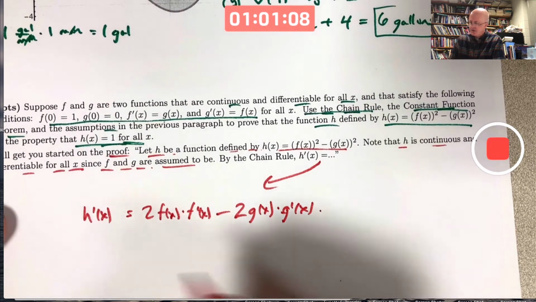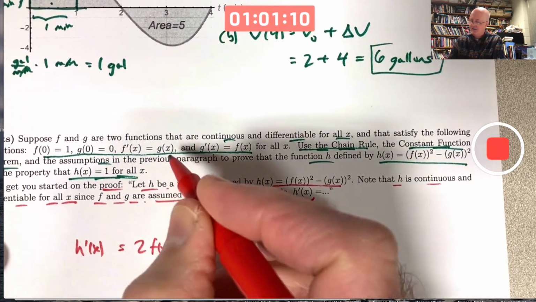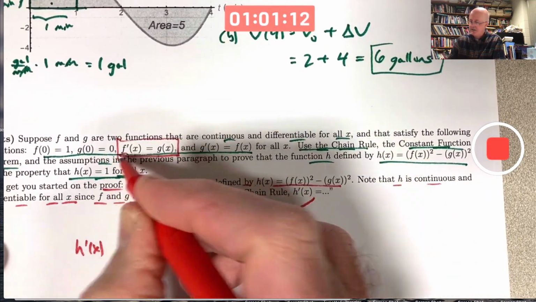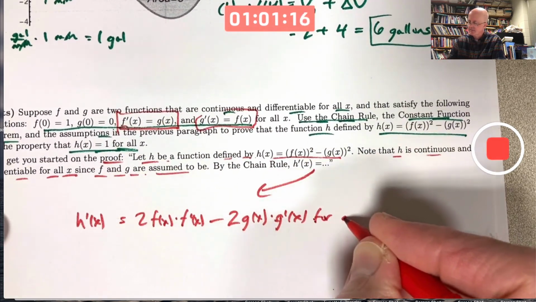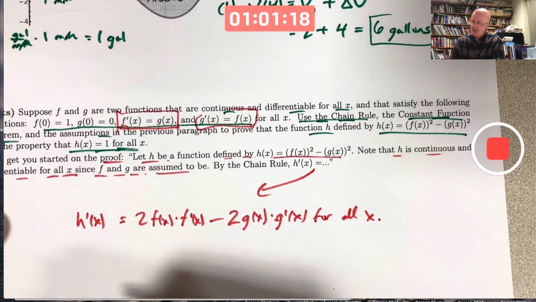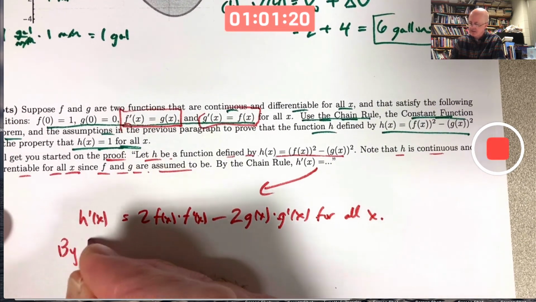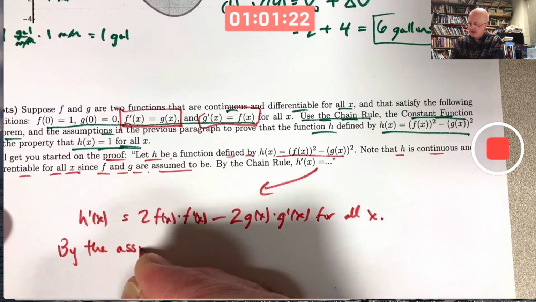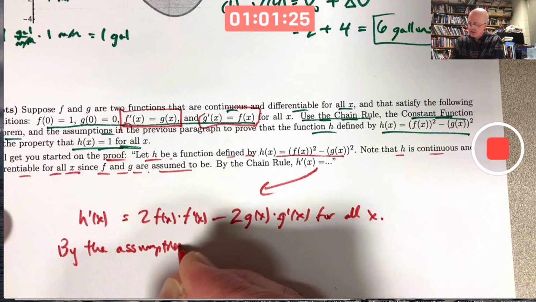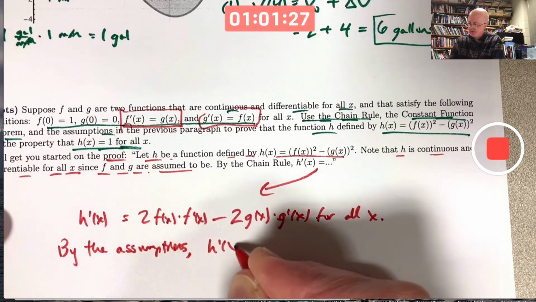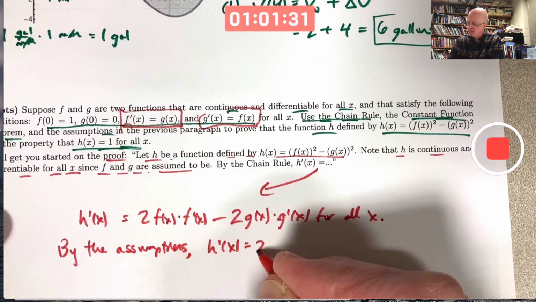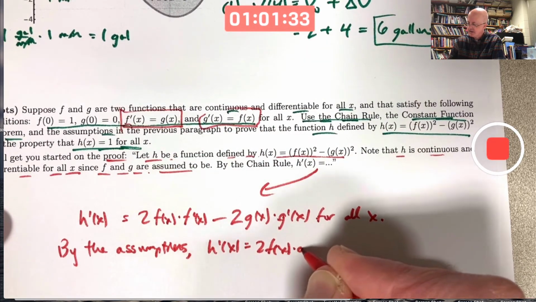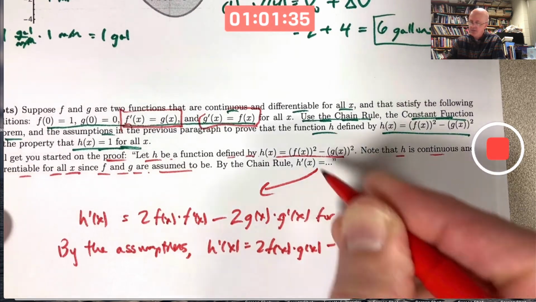What do you do now? We want to show this is 0. How? Well, okay, light bulb should go off. Oh, I need to use my assumptions. This is true for all x. That's worth mentioning. By the assumptions that we're making here, I can then say h prime of x equals, replace f prime of x with g of x, 2 times f of x times g of x, and replace g prime of x with f of x.